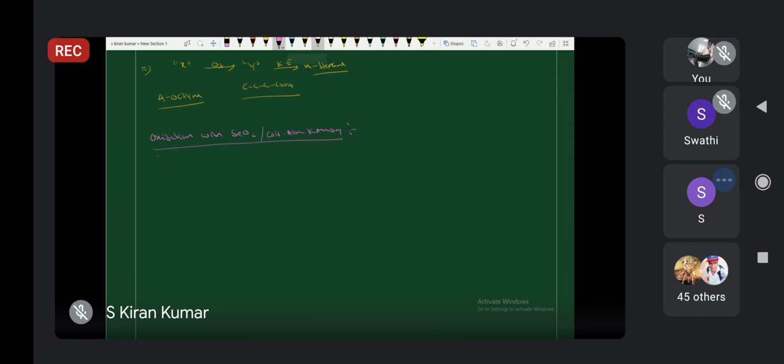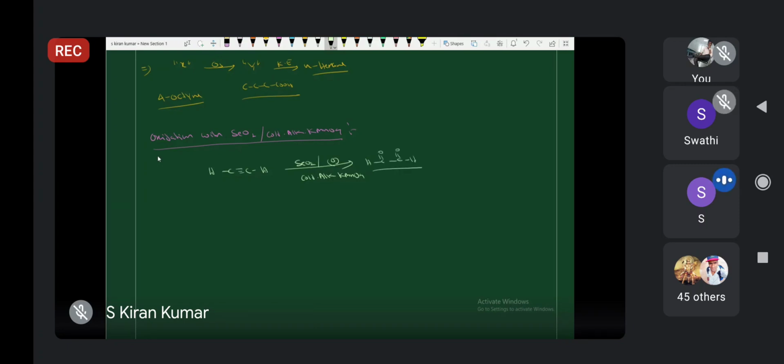For example, if you take acetylene with any one of these reagents, selenium dioxide or cold alkaline KMnO4, it undergoes an oxidation reaction, but it forms glyoxal.